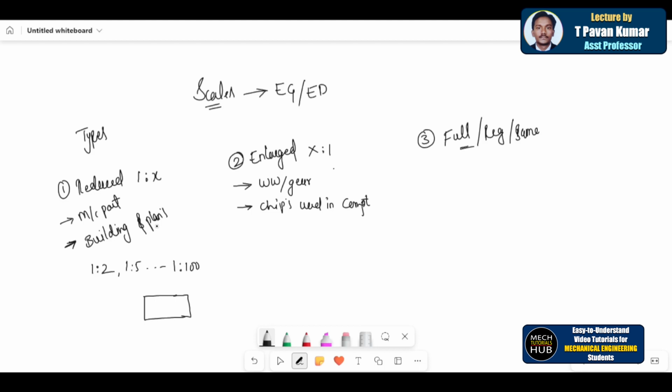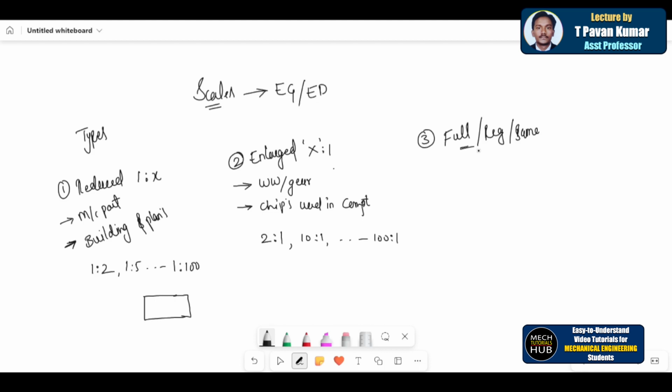You can't understand the drawing and you can't see the dimensions properly. In such a scenario, we try to increase or enlarge the size of the component. In place of x, I may increase by 2 times, or by 10 times, or by 100. Small components like wristwatches, small gears, or any tiny components are enlarged to show them on a sheet of paper.